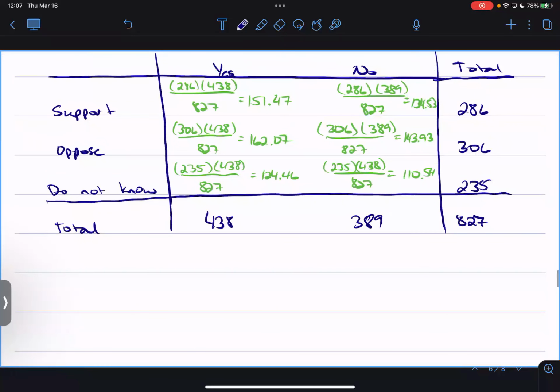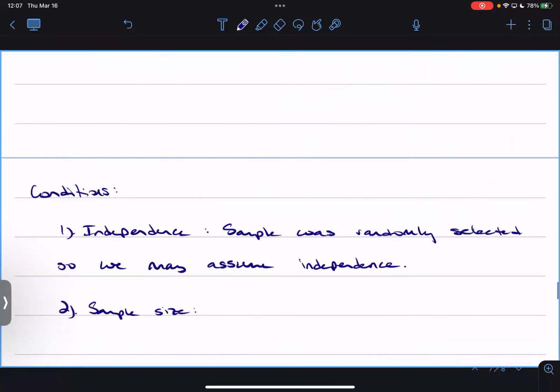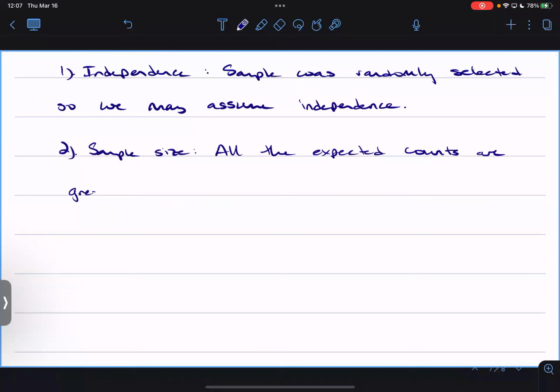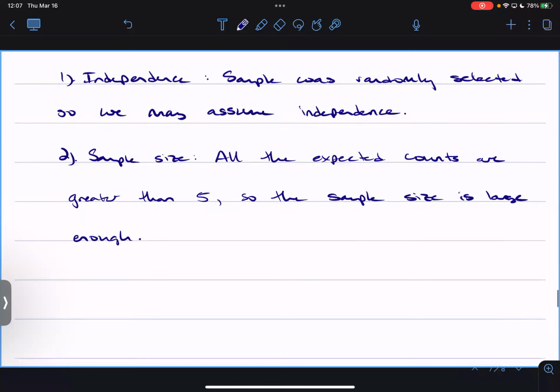So the sample size is large enough. So that's good.